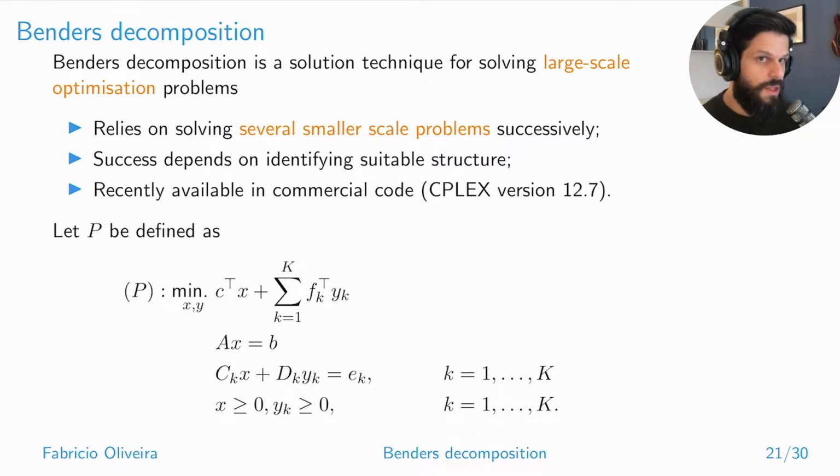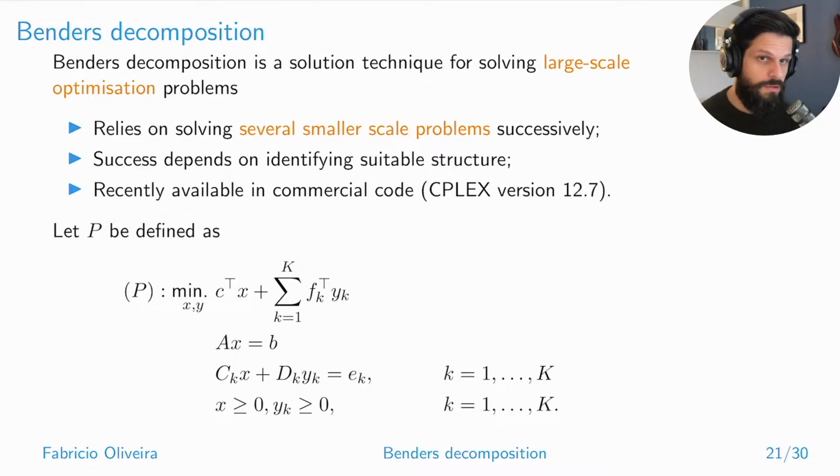One interesting thing about Bender's decomposition, and that's why I wanted to bring it up here, is that not only has it permeated several fields where optimization has made quite important progress, but Bender's decomposition is available in Cplex, which is a commercial solver offered by IBM that has been out for a long while and is probably one of the leading in terms of performance.